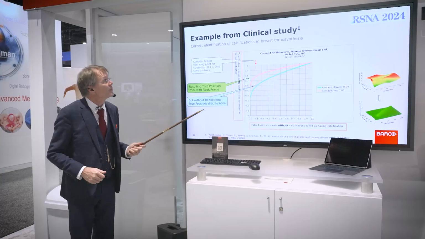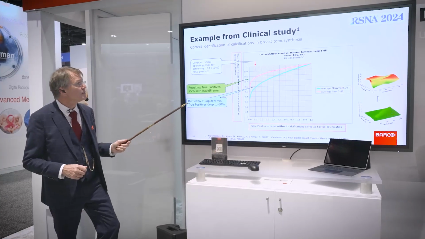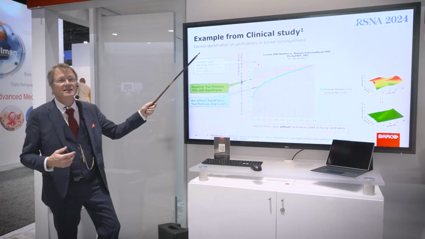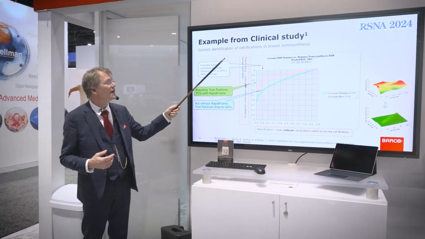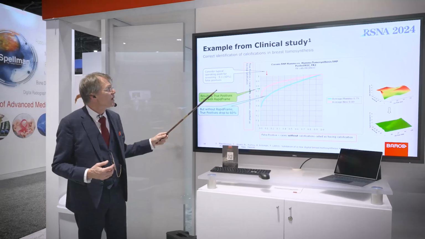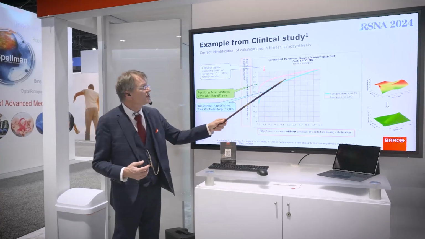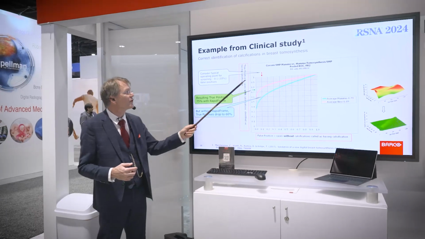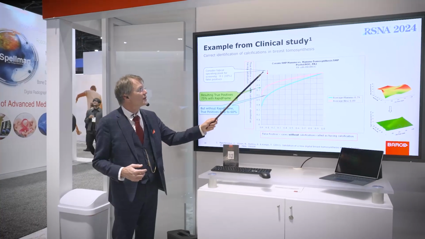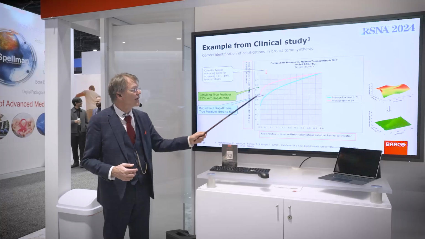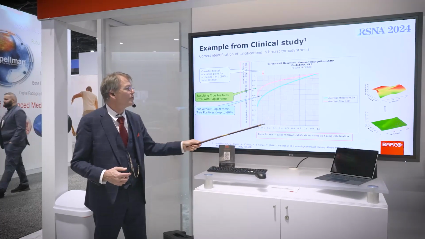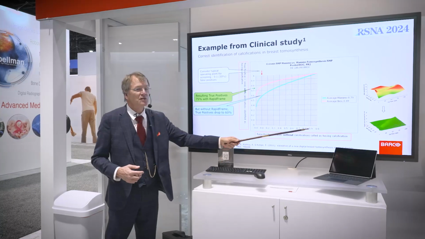This is showing, from a clinical study that we did, what the impact is. The task here was correct identification of calcifications in breast tomosynthesis, and you see here the ROC curve for that experiment. Just to explain it very briefly, the ROC curve is talking about operating at all different possible amounts of false positives.